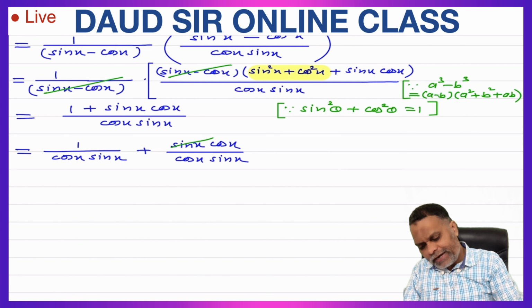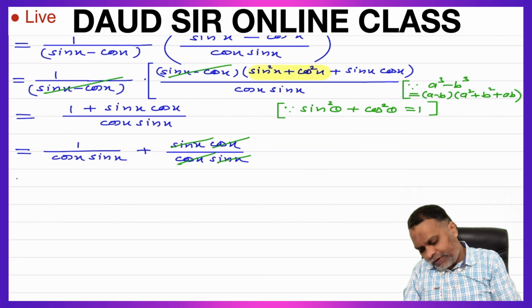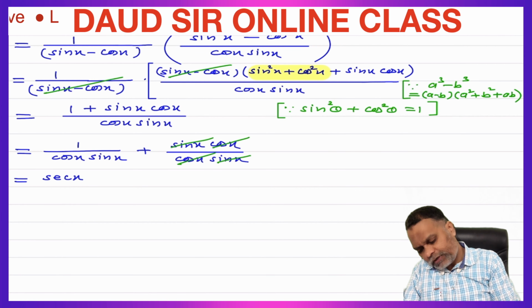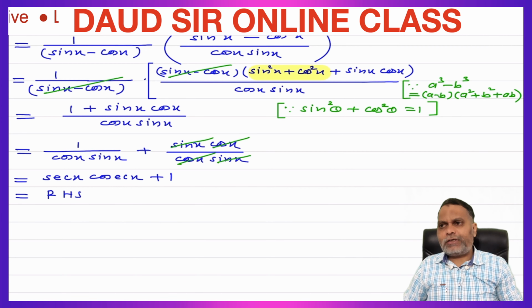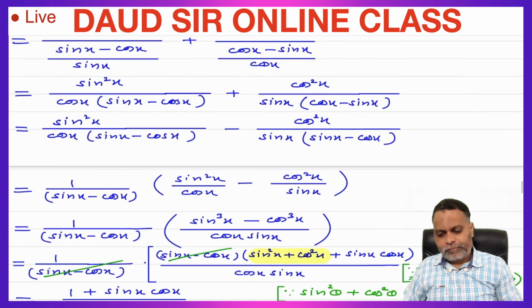So this sin x cancelled, cos x cancelled, here 1 left, and in first term 1 upon cos x can be written sec x and 1 upon sin x can be written cosec x, and this is plus 1, which is our right hand side. Sec x into cosec x plus 1.